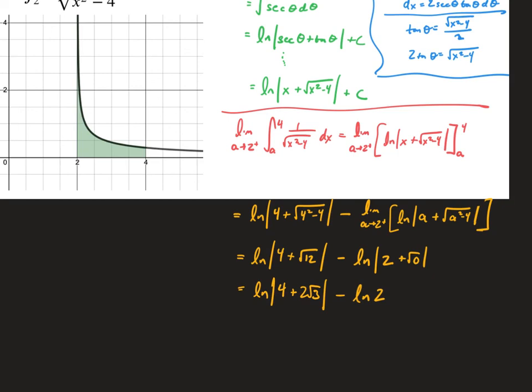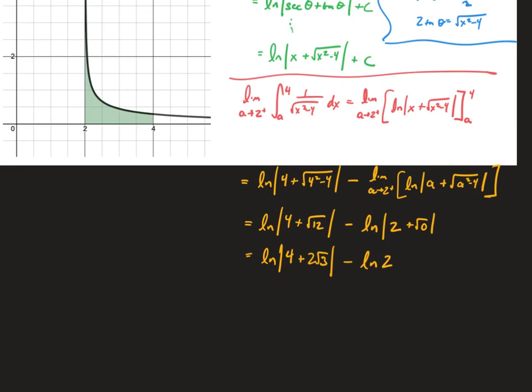Folks, that's the answer. That's got nothing but numerical values. That would be acceptable, but I think we can do better. So let's condense this a little bit. The absolute value around the 4 plus 2 square roots of 3 is not necessary, right? 4 plus 2 square roots of 3 is a positive number, so I can just forget about those.